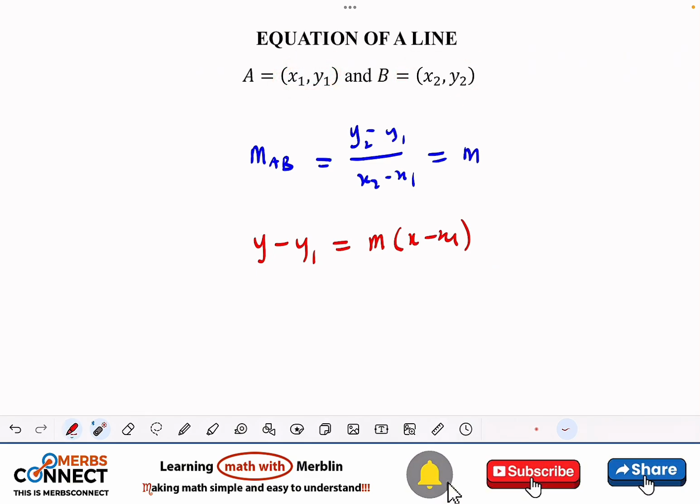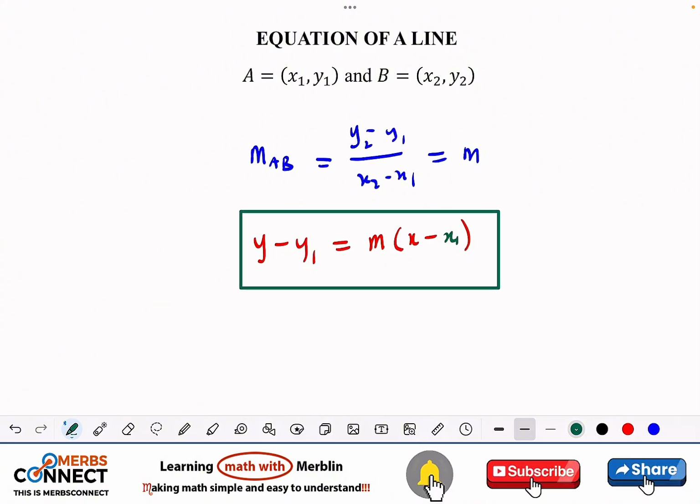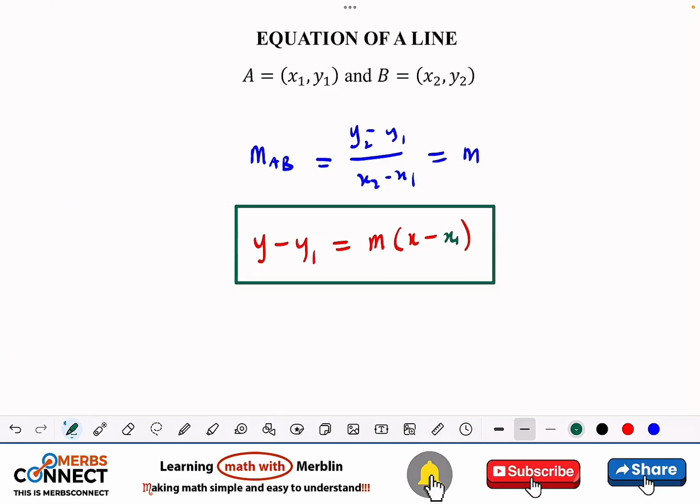So this is the equation of the line, which is also very important in everything that we are going to do. Sometimes we don't even ask you to do the calculation for the equation of the line, but basically you need to know that, right? So that is the equation of the line.